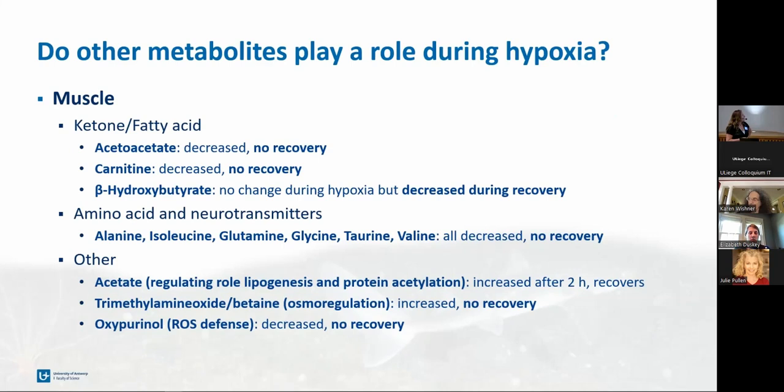Acetate, which plays a regulating role in lipogenesis and protein acetylation, increased and did recover, but trimethylamine oxide and betaine, which are used by sharks for osmoregulation, increased and had no recovery. Oxypurinol, which plays a role in defense against reactive oxygen species, decreased and had no recovery either.